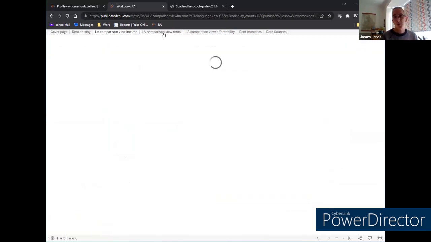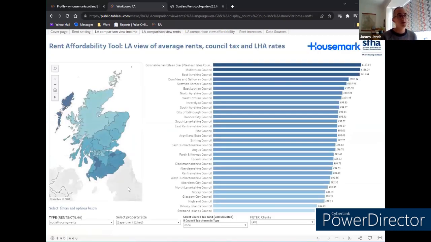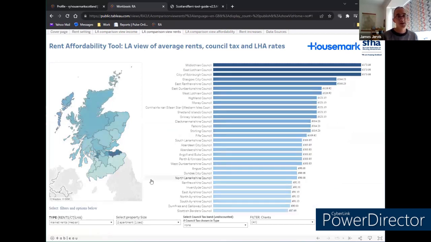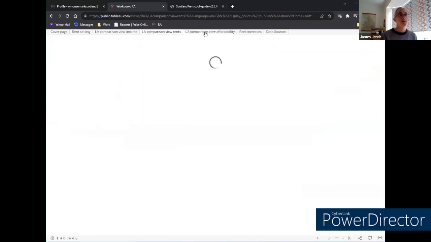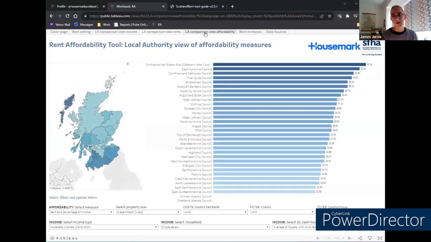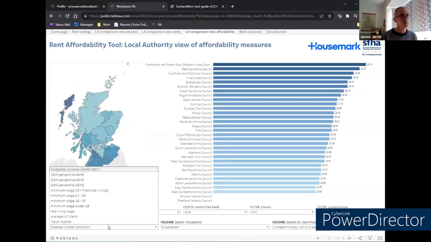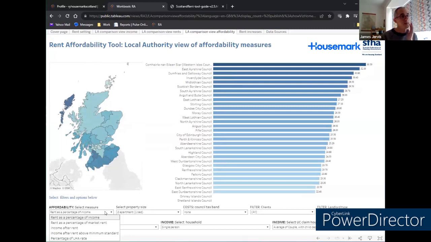And then there's the same for the rent component. So at the moment it's looking at the SHR data, but you could also look at what that looks like in terms of market rents. How does that differ? And then lastly, there's affordability, which is kind of the culmination of these various components. So those 5 affordability assessments, sorry, these ones, you can choose a different one.